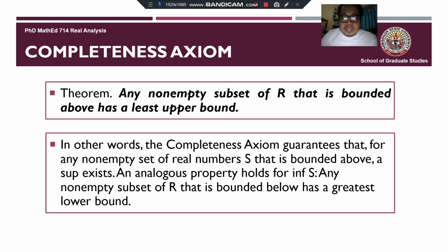Okay, so here we have a theorem which states that any non-empty subset of R that is bounded above has a least upper bound.